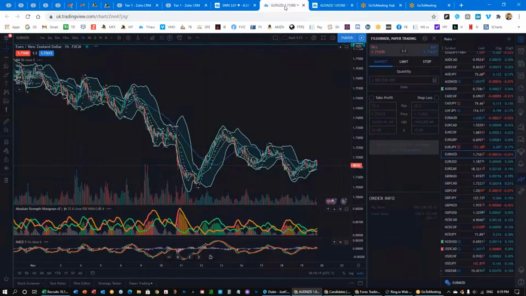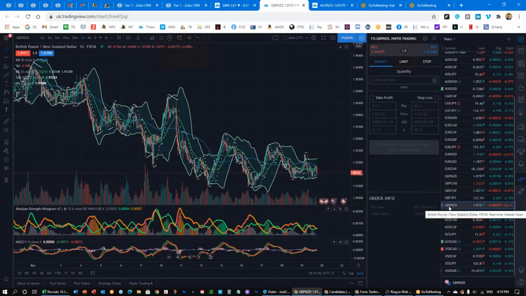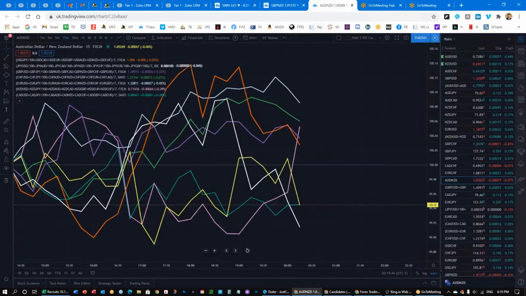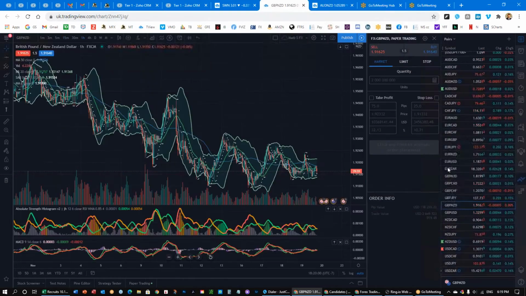Let's go to, say, pound Kiwi. What does this show the pound doing? The pound is this dark purple going down. What's the orange? The orange is the dollar. So Kiwi dollar could be a very good trade right now.